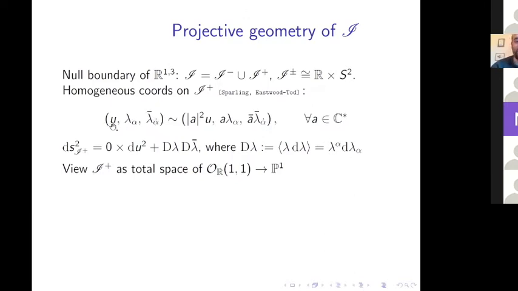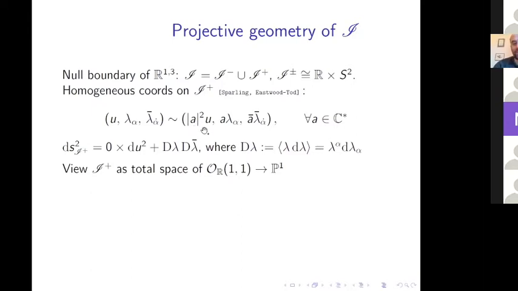And then I have another coordinate u, which is the coordinate on the R factor of scri plus or minus. So the coordinate up and down the generators of scri, if you like. And these are homogeneous coordinates in the sense that I identify them up to overall projective rescaling, so rescalings by a non-vanishing complex number. The identification is that if I scale lambda by a, where a is a non-vanishing complex number, and lambda bar by its complex conjugate, this coordinate u up the fibers scales as mod squared of a.